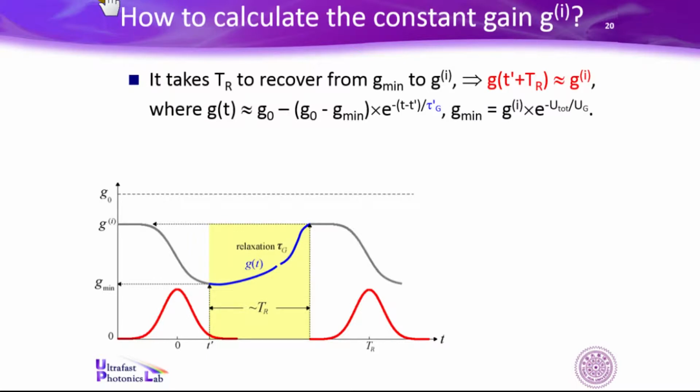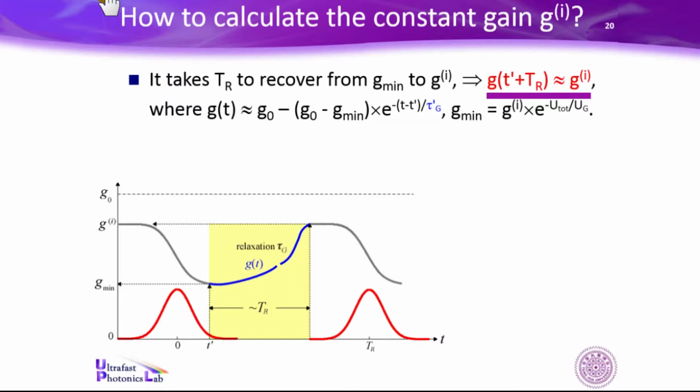Let's check this figure. The first pulse, your gain saturation response. The second pulse, the response repeats. Okay? So something interesting happens here in stage 2. The idea is this. It takes one repetition period to recover from the minimum gain, G minima, which is here, the lowest point, to the initial gain, G super I, which is denoted here.